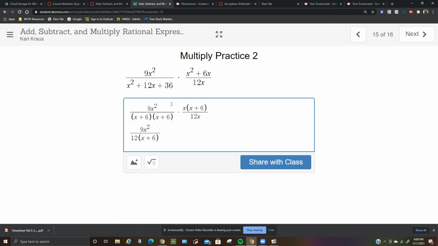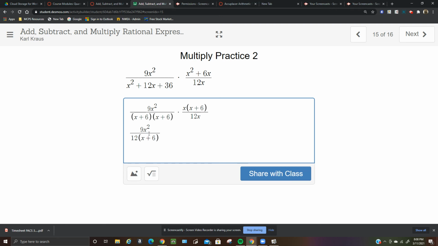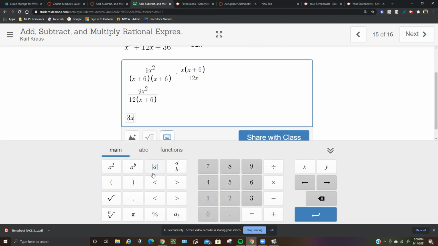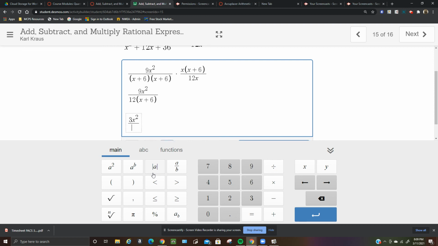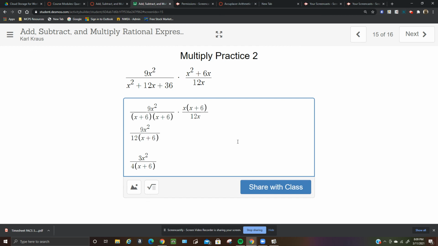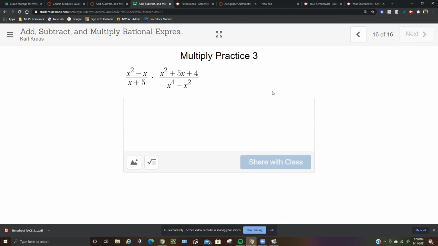You can simplify 9/12. Both of these are divisible by 3, so I got 3x squared over 4 times x plus 6. And then 16, factor everything.